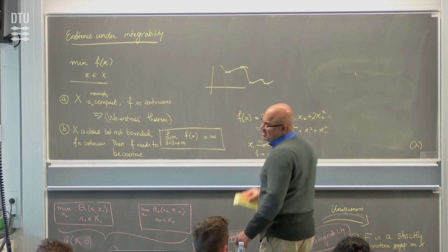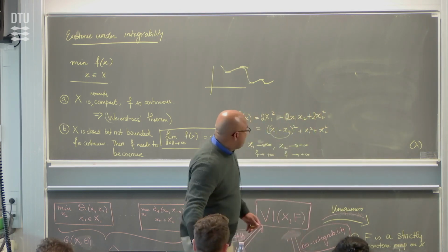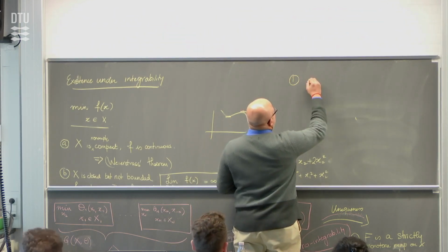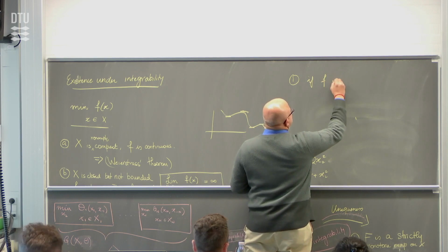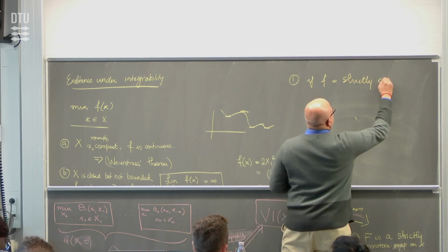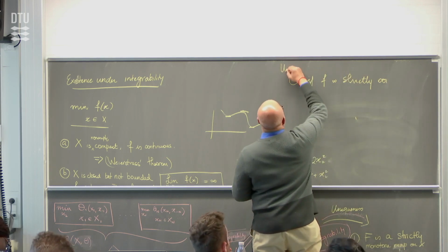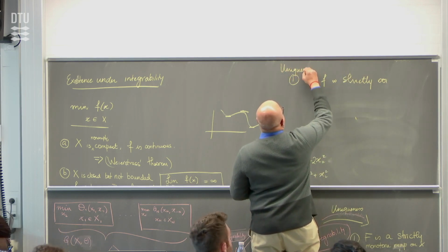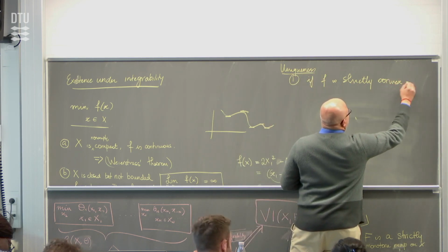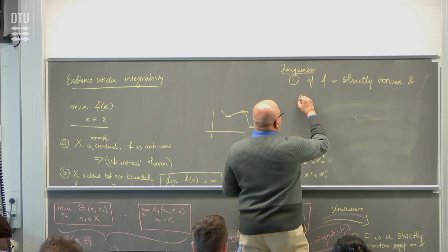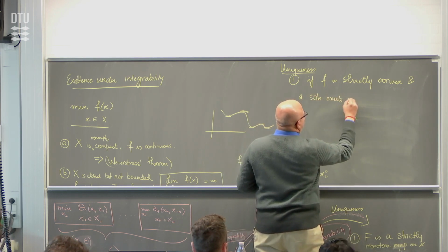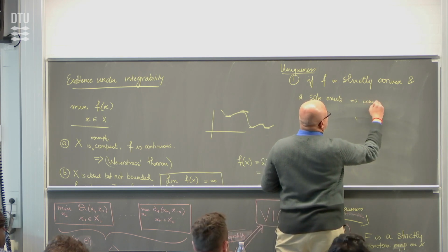So this was existence. If you wanted uniqueness, if f is strictly convex, so this is uniqueness, and a solution exists, this implies it's unique.